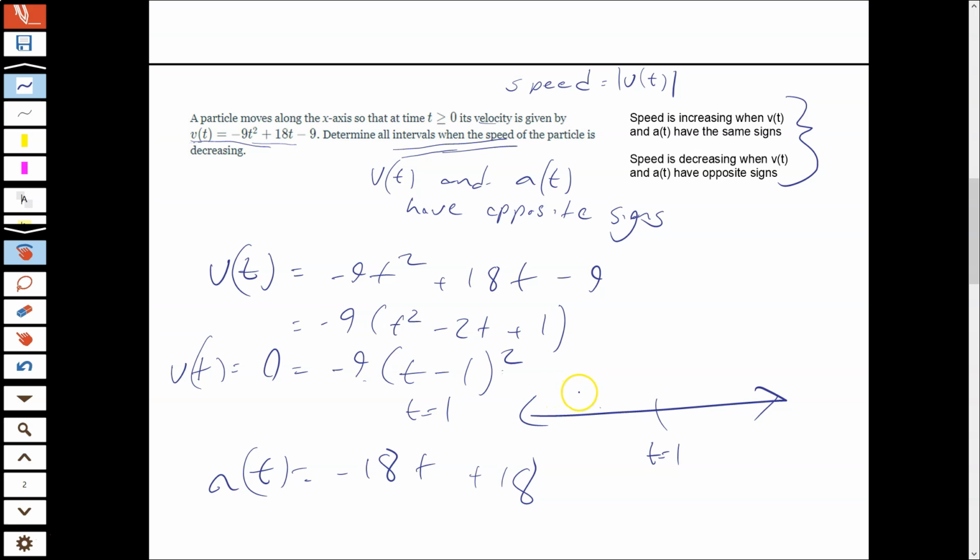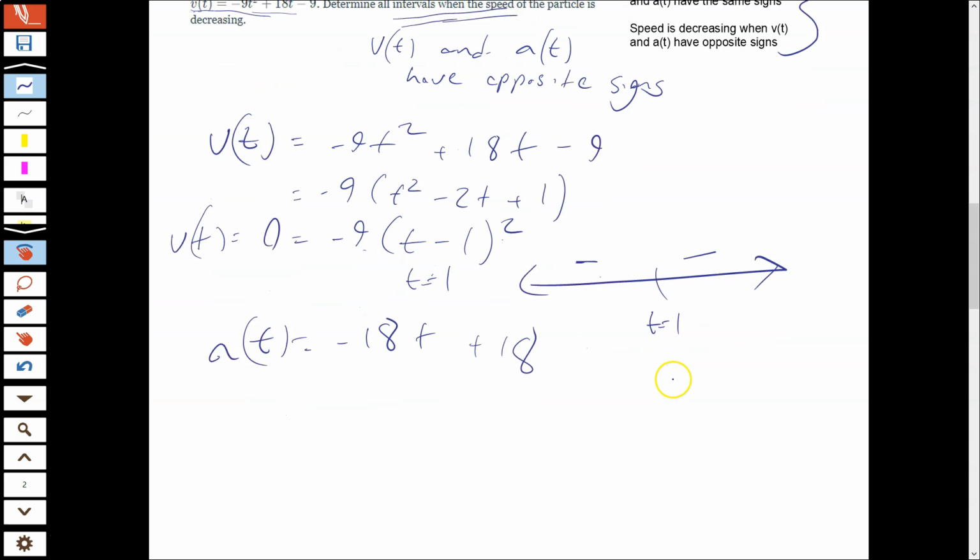So this region is negative. If you ignore this square, you're going to get this one wrong. To the right of t equals 1, a little bit easier, I'm going to do 2. 2 minus 1 is 1, squared is still 1, times negative 9 is also negative. So these regions are both negative.